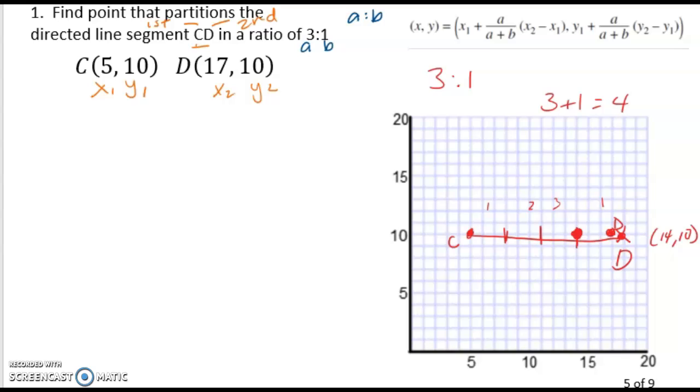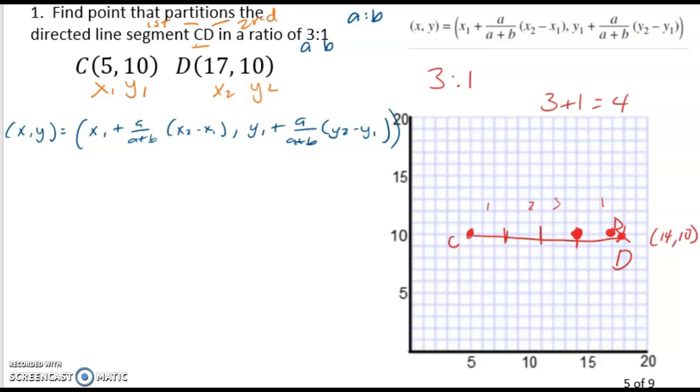So I'm going to rewrite this very long, scary looking formula, but it's really not that bad. So x1 plus A over A plus B, times x2 minus x1, comma, y1 plus A over A plus B, times y2 minus y1. All right, so x1 is 5. Let's change colors. 5 plus A, we said, was 3.